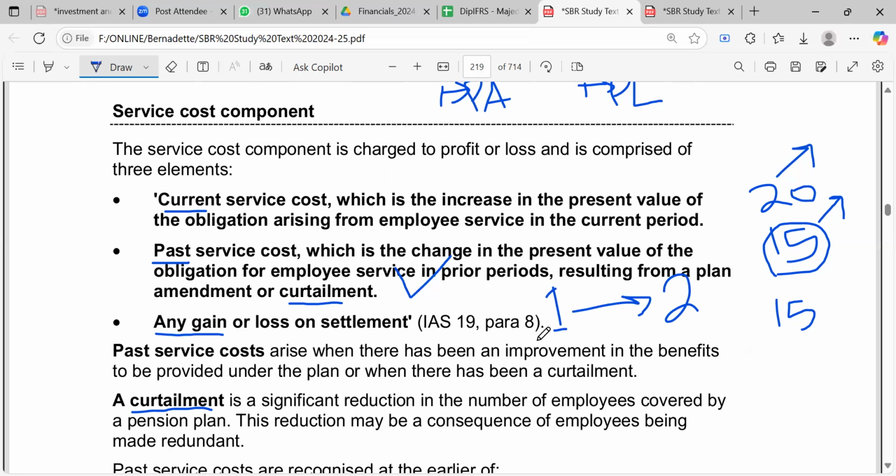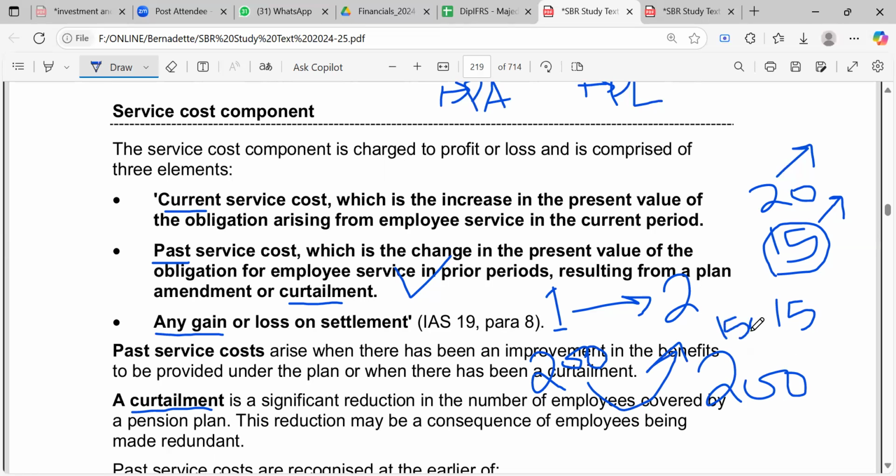Entity one would say, okay, in my books so far, I have 200 million related to the obligation of these employees. Now, let's agree to each other. I'm shifting this 200 to your side, and you are the one who would have to settle, but I'm paying you something. So presume entity one is transferring to entity two, but actually entity one is paying only 150.